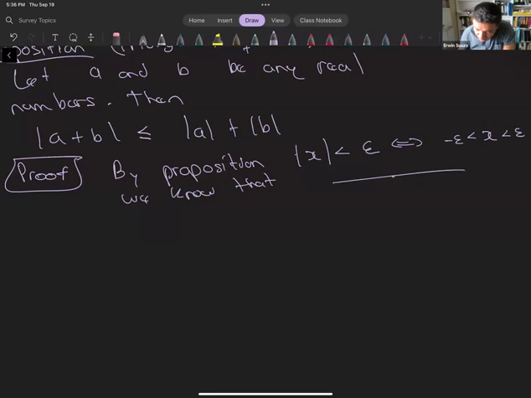That makes sense because this is epsilon. Oh, sorry. This is x, this is x plus epsilon, and this is x minus epsilon.